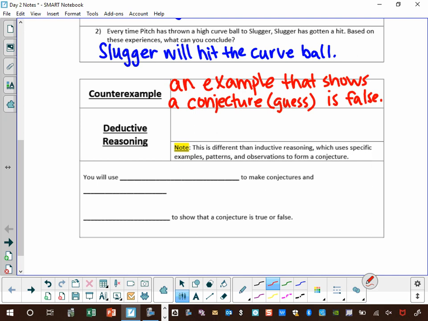So deductive reasoning is reasoning based off data or facts. What I like to think about is inductive reasoning is about patterns, deductive reasoning is about data.